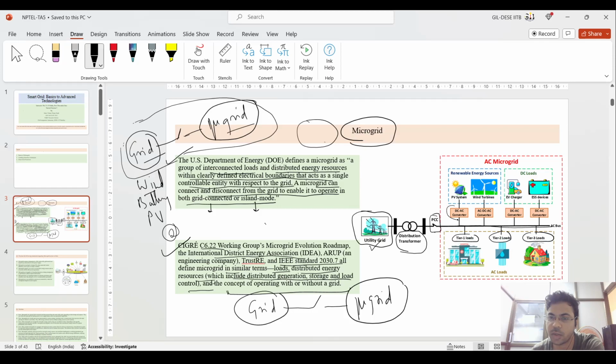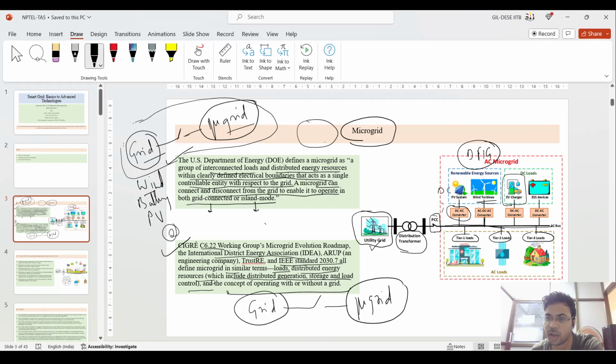Also in the upper side, some renewable sources are connected, such as the PV system. It is connected through a DC to AC converter because it generates DC, so you have to convert it into AC to connect to this AC bus bar. Then you have a wind turbine, which has an AC, DC, AC component for the conversion. As I already told in the previous tutorial sessions, it also has a DC to DC converter inside.